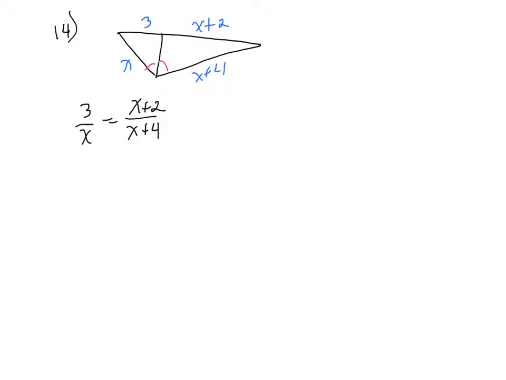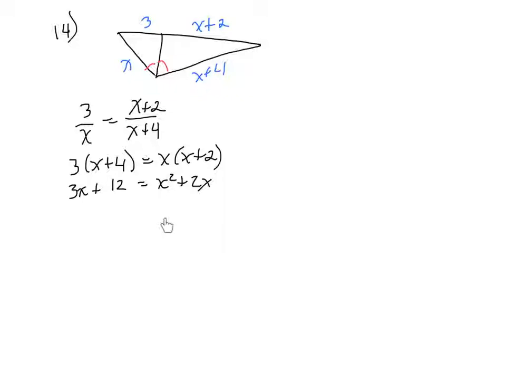So if I look at my cross products, I've got 3 times x plus 4 equals x times x plus 2. Go ahead and distribute. You get 3x plus 12 equals x squared plus 2x. Doesn't that imply that we're going to factor? This is my highest degree term here, so it's positive, so I want everything on this side.